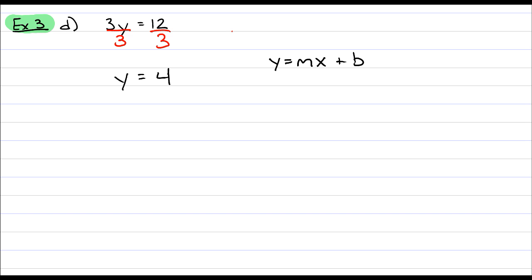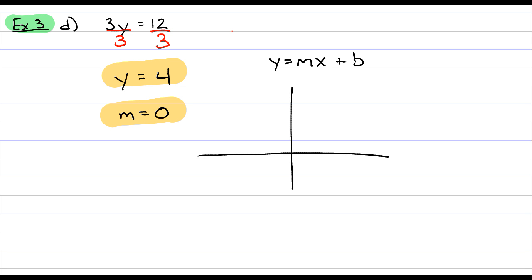Well, there's no x in this equation, so that means the coefficient is 0. So we have a slope of 0 in this line. When you have a slope of 0, that means you have a horizontal line, a line that's parallel to the x-axis. And sure enough, if you go back to example 1 where we sketched the graph of this line, we saw that it was a horizontal line at height y equals 4.